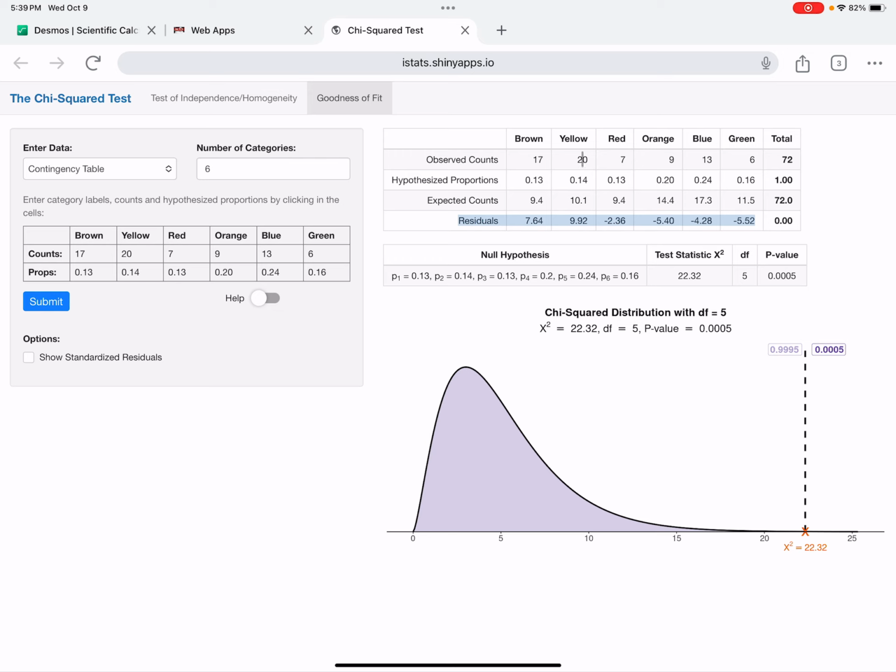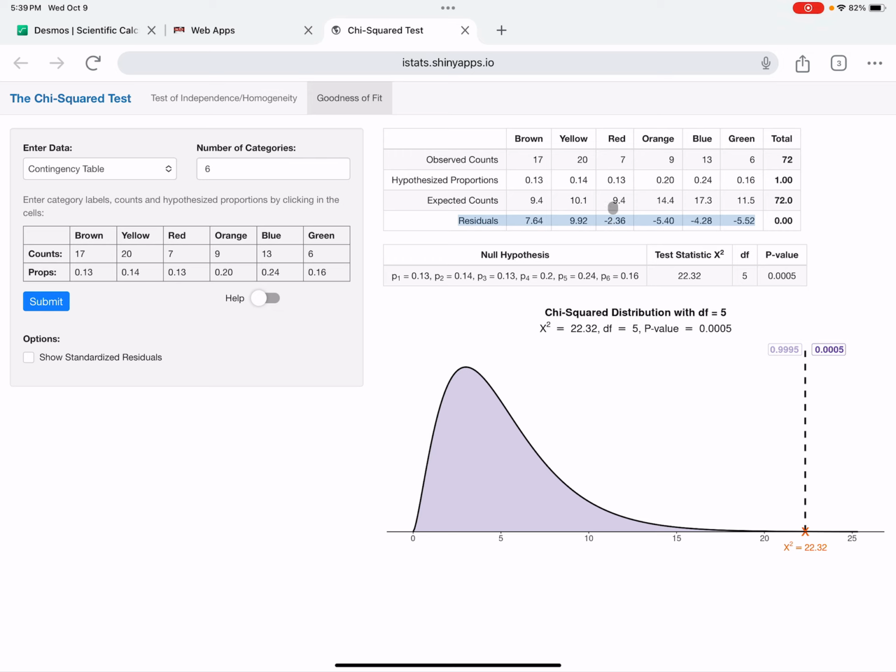But what we actually found were 20 yellow candies in the bag, and that's a difference of about 10, right? So that's what this residual is measuring. 20 minus 10.08 or whatever this was. They've rounded some of these values, but that's the idea. And 7 minus 9.4 is negative 2.36 and so forth.